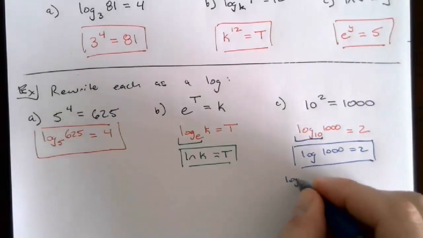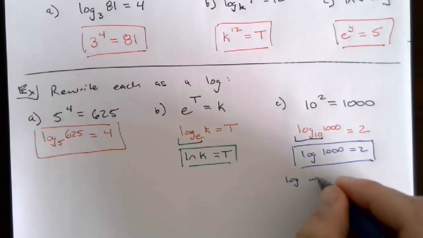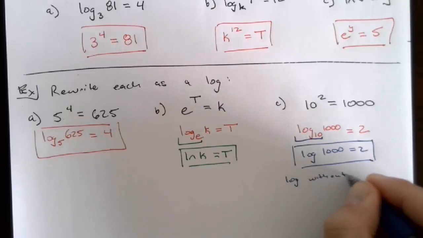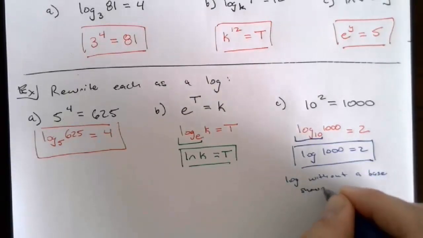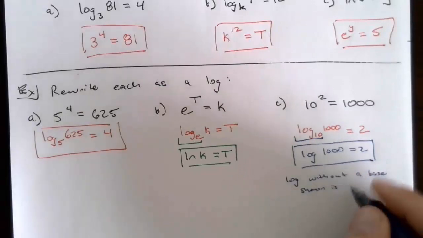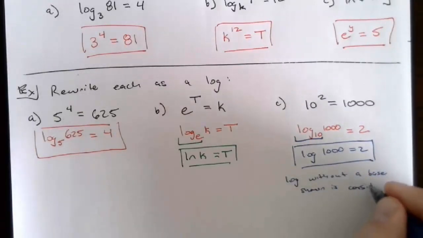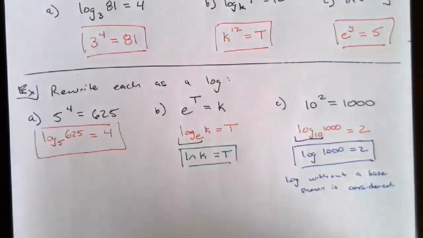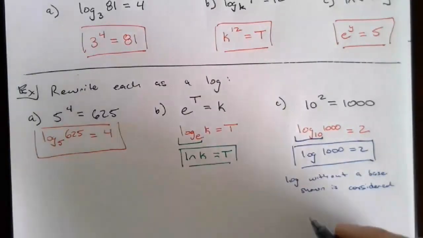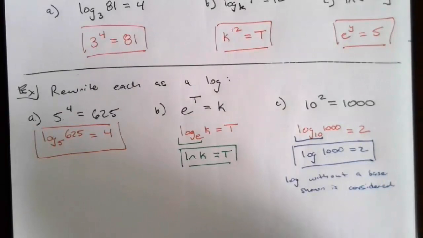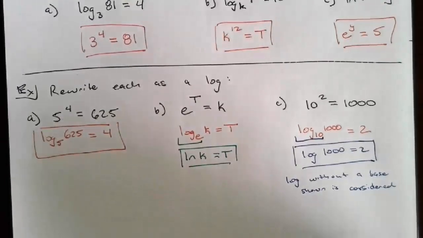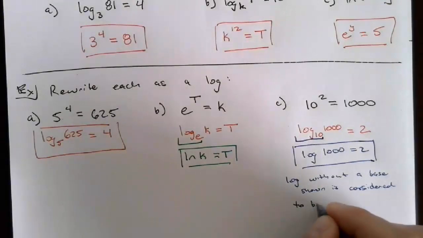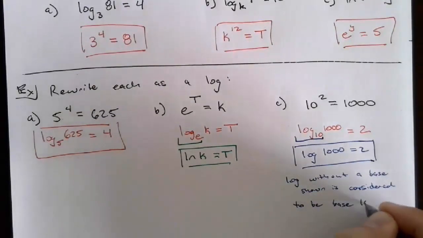And that's how you would write it. So just as a note, log without a base shown is considered to be base 10.